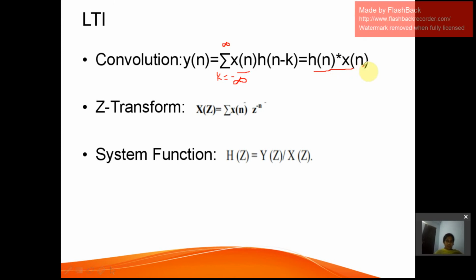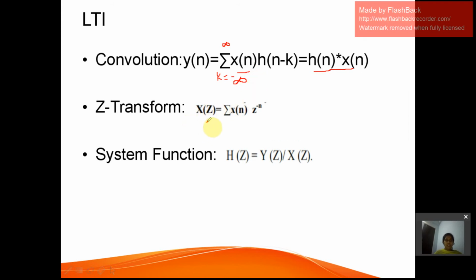So what is a convolution? It relates the input and output of a linear time invariant system to the unit sample response or impulse response. This expression is used to find the system response in the time domain for an arbitrary input sequence x of n.